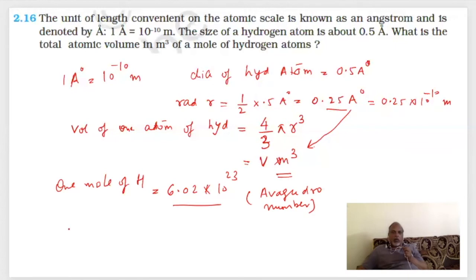So the volume of 1 mole of hydrogen will be nothing but V, whatever V is coming, into 6.02 into 10 raised to 23.